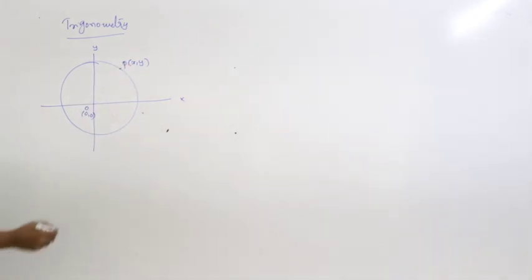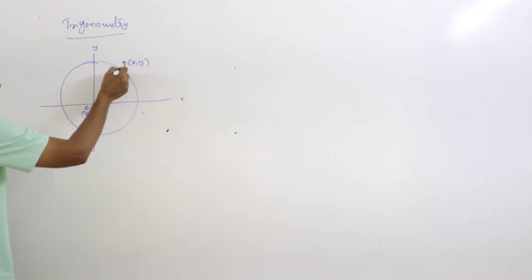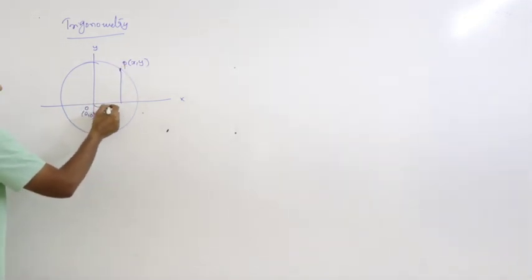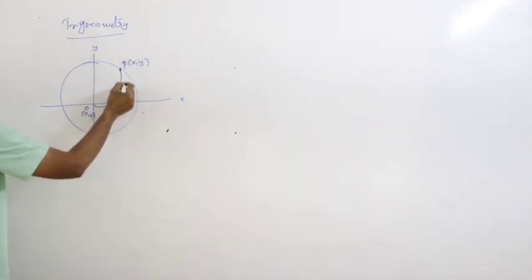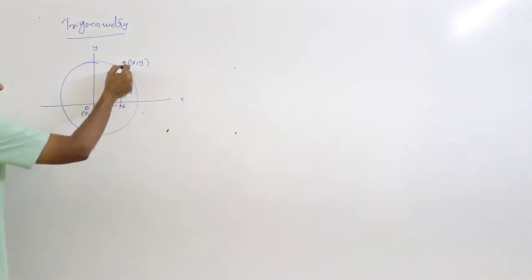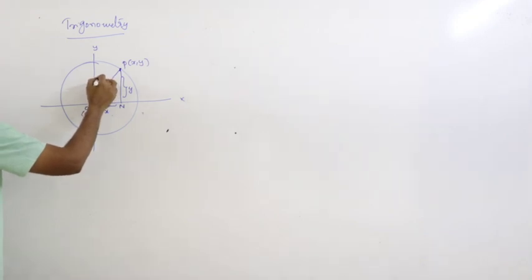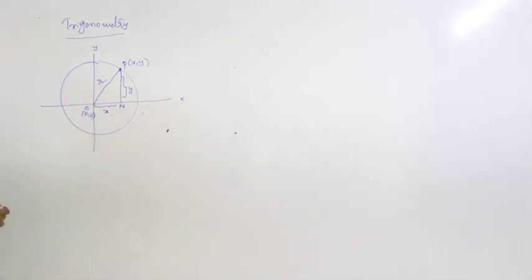This is x units, and this is y units, and this is the distance, call it r, the distance between O and P. r is equal to OP.